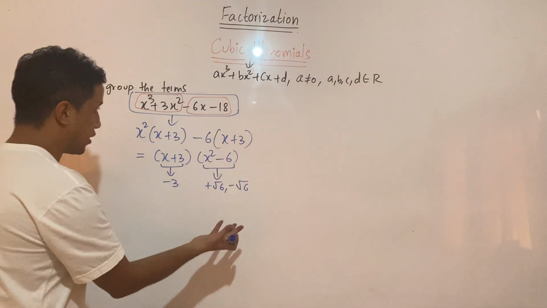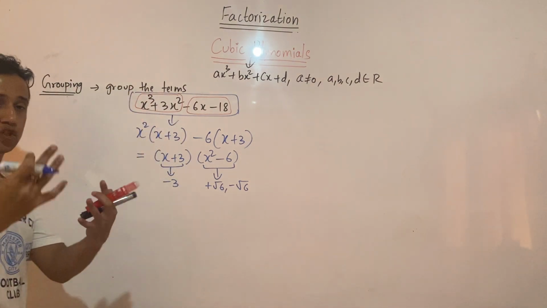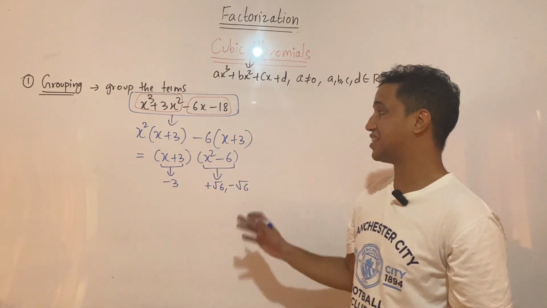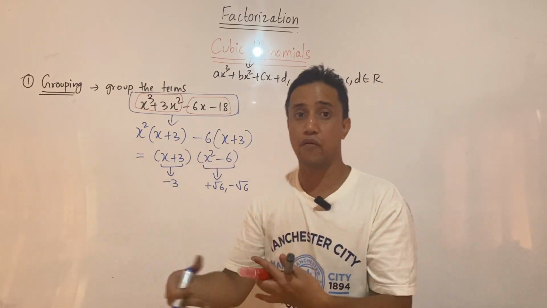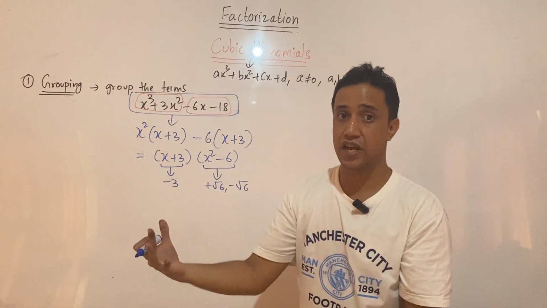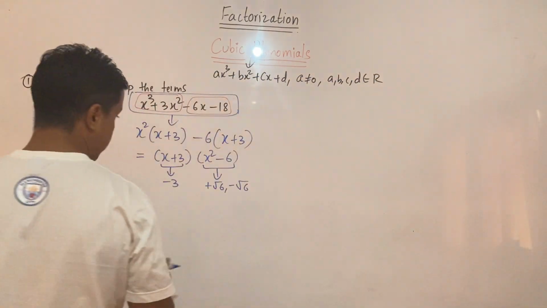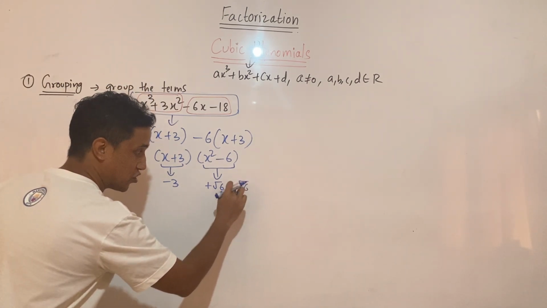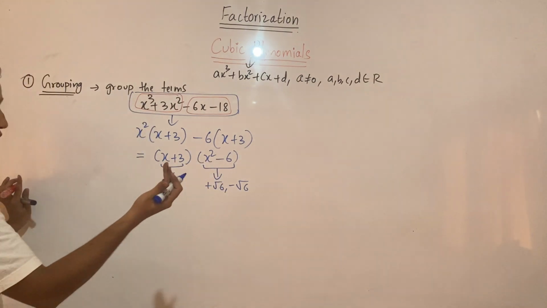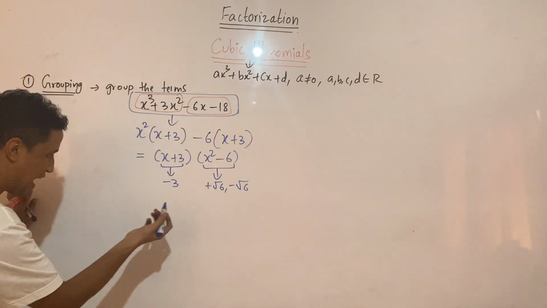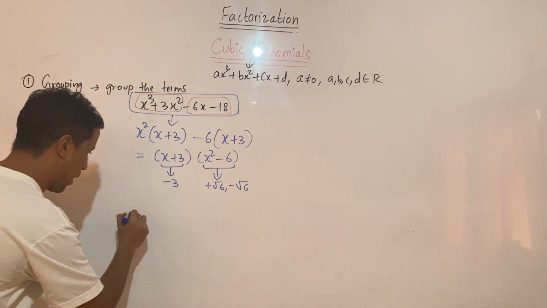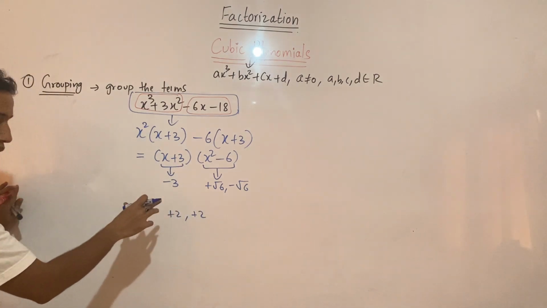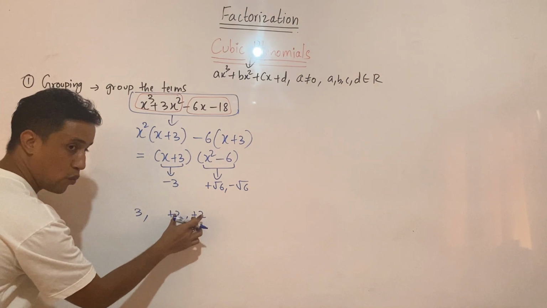Because the degree is 3, it's going to have 3 factors. But sometimes it's also possible that these solutions or values of x may repeat. For example, if instead of minus root 6 I get values of x like 3 or plus 2 or plus 2, then this value is repeating.